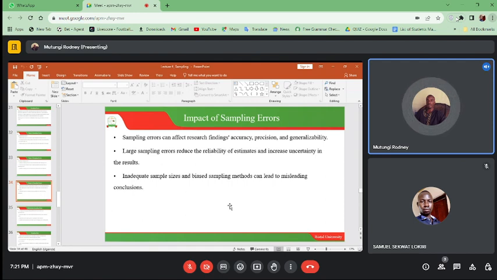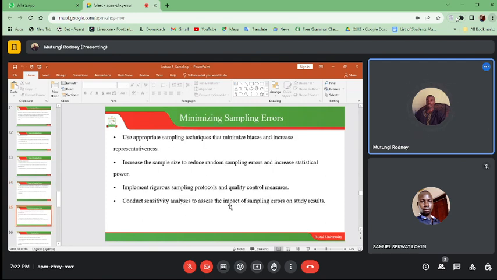If there was a very big error in my study, then people cannot rely on your estimates. You cannot inform people using findings out of a study that had a lot of sampling errors. That's why we always try as much as possible to reduce our sampling errors. Then inadequate sample sizes and biased sampling methods can lead to misleading conclusions. That is also self-explanatory.